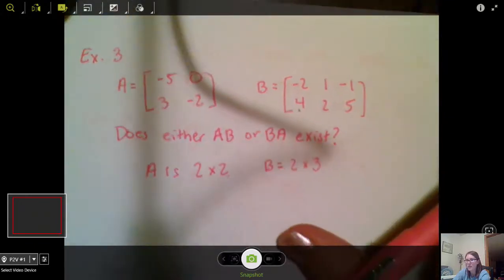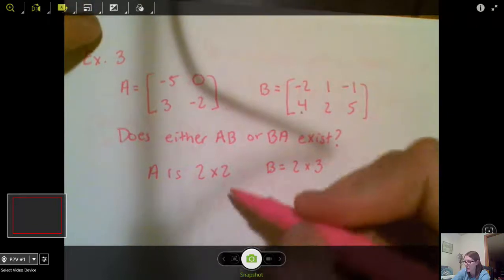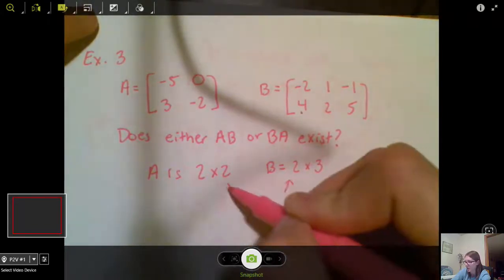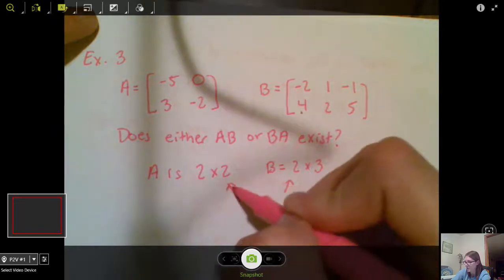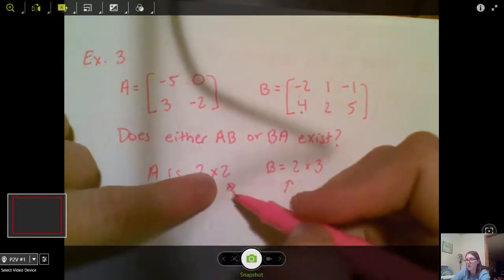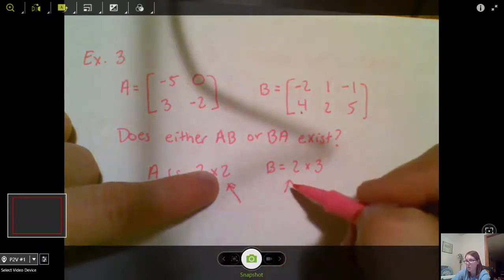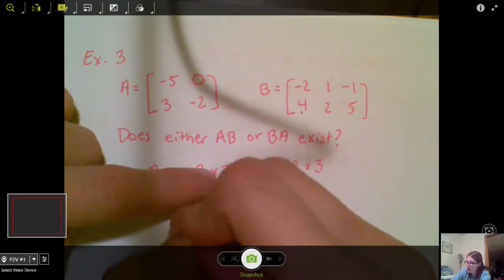If I want to multiply these matrices, these inside numbers have to be the same. So the number of columns of our first matrix has to equal the number of rows of the second matrix.